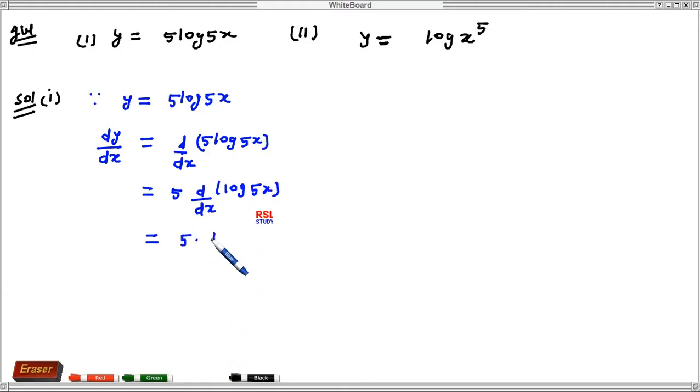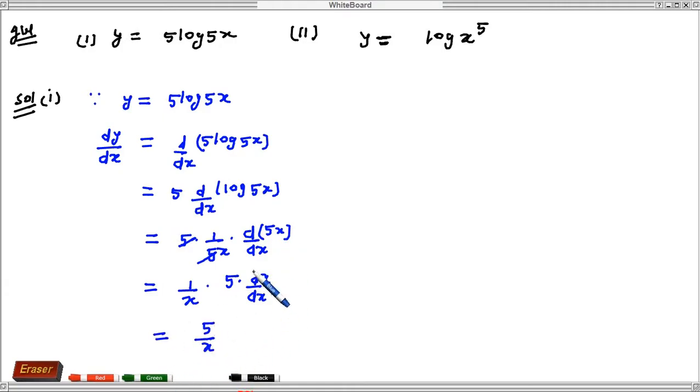So this will be 1 by 5x into d/dx of 5x. This 5 will come out, so here will be 1 by x, this 5 will come out, and here will be d/dx of x, which is 1. So 5 by x. So the final answer is 5 by x.